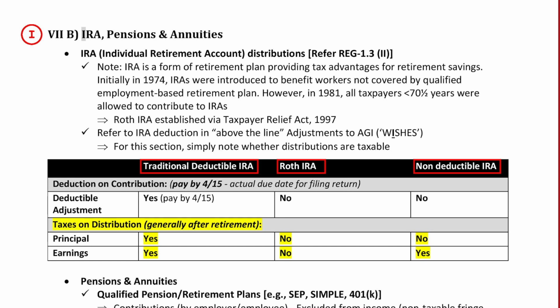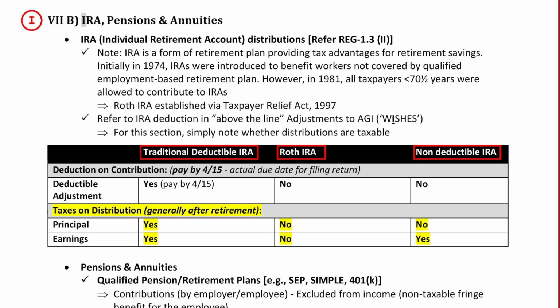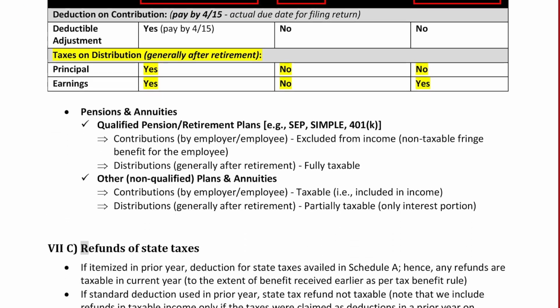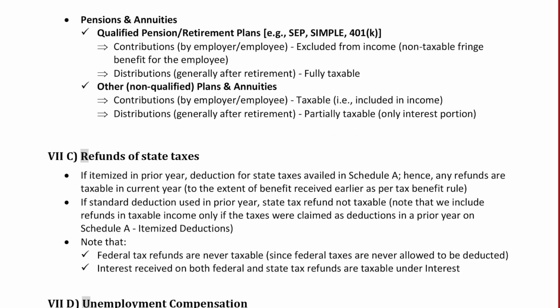So when we are looking at the adjustments to AGI, we will talk in detail about IRAs and IRA deductions. And at that point, I'll also cover the logic for taxes on distribution of IRAs. Let's look at the next one. Pensions and annuities.